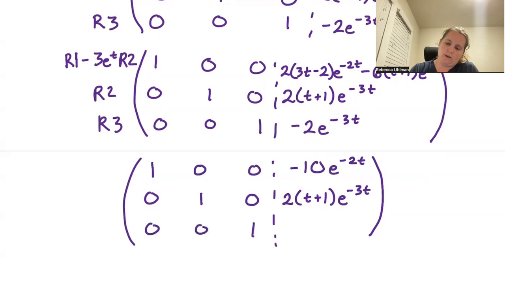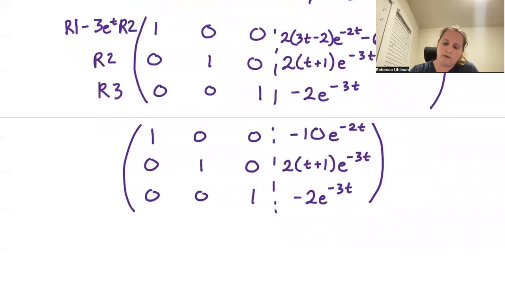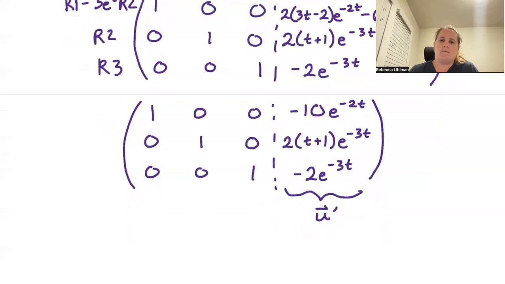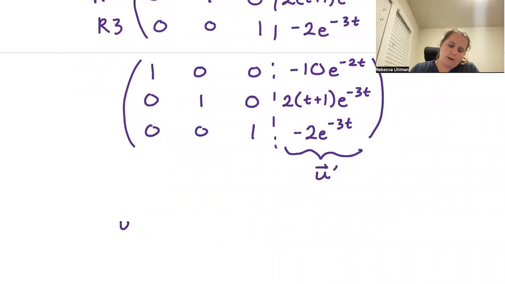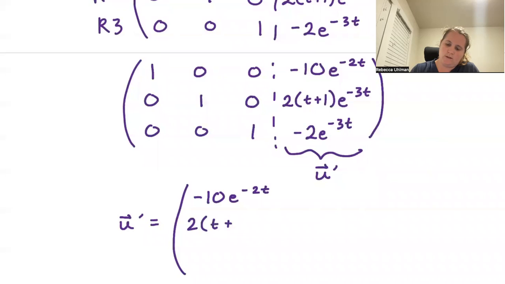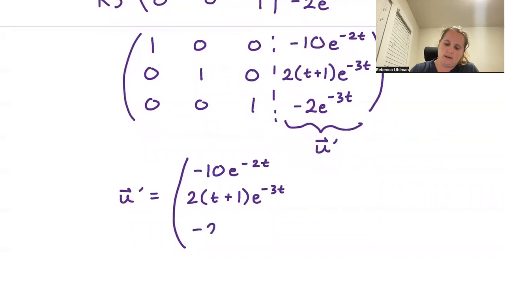And 0, 0, 1, and then augmentation negative 2e to the negative 3t. So if you go all the way down to the identity matrix on the left, the right-hand side is our u prime. So we have u prime equal to negative 10e to the negative 2t for the first position, 2 times (t plus 1) times e to the negative 3t for a second position, and negative 2e to the negative 3t for a third position.